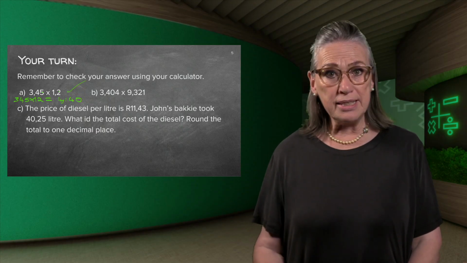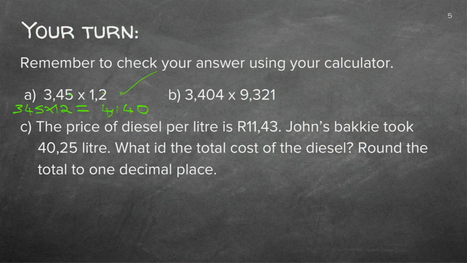Okay, so what is the first thing we do? 3,404 times 9,321. Yes, we're going to find the product without the decimal fractions, without the comma.